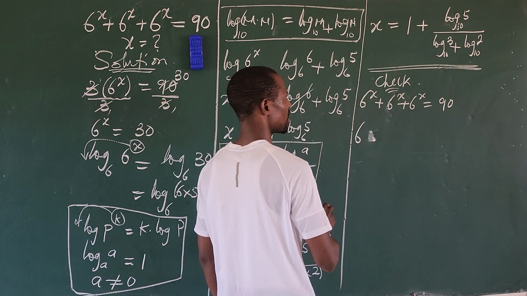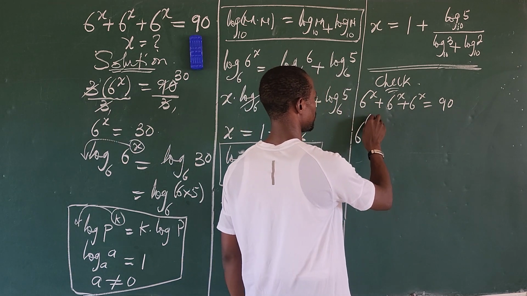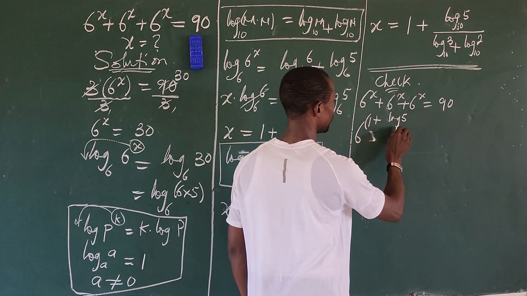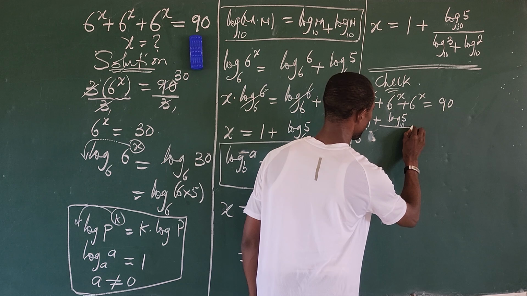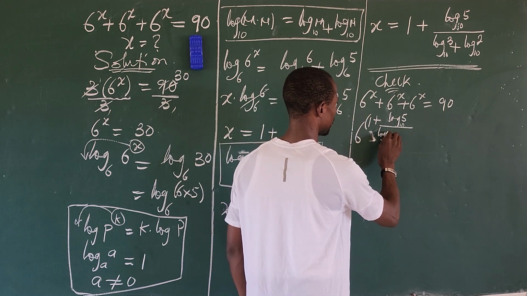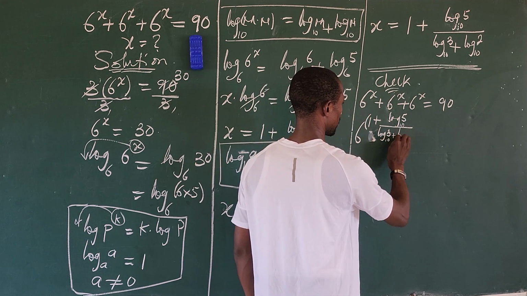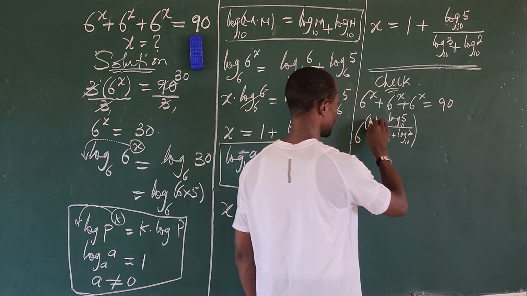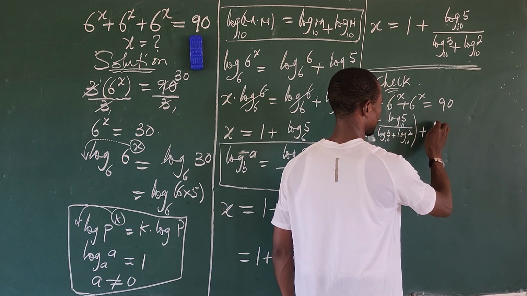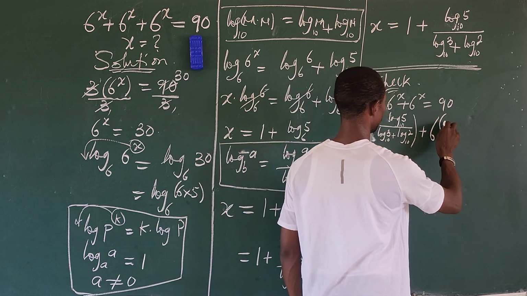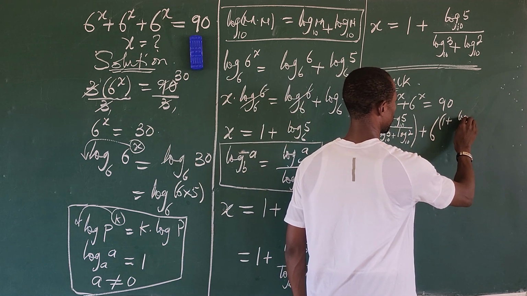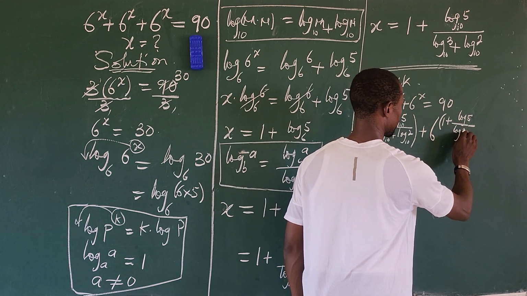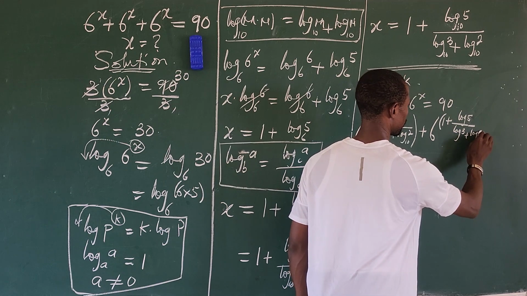We're going to have first one 6 to the power of bracket open 1 plus log 5 base 10 all over log 3 base 10 plus log 2 base 10. Then put this bracket plus another 6 again to the power of 1 plus log 5 base 10 all over log 3 plus log 2.